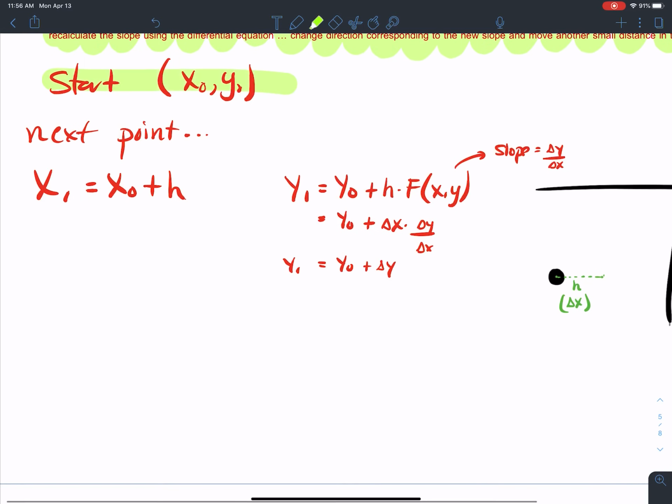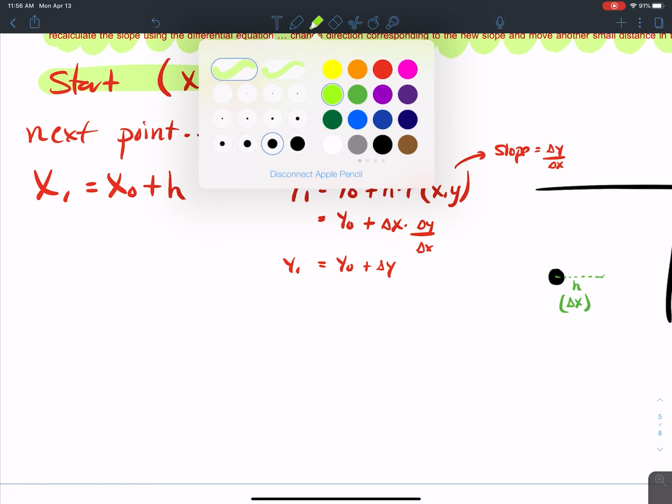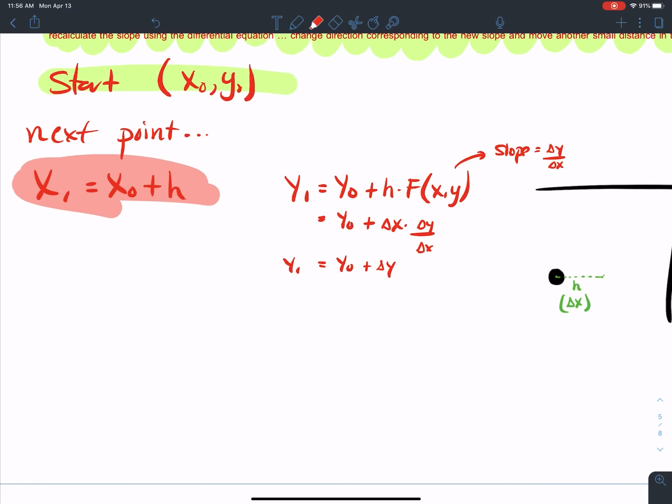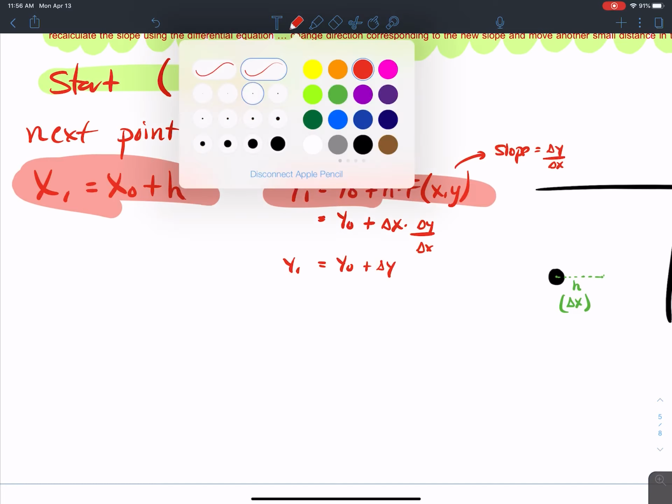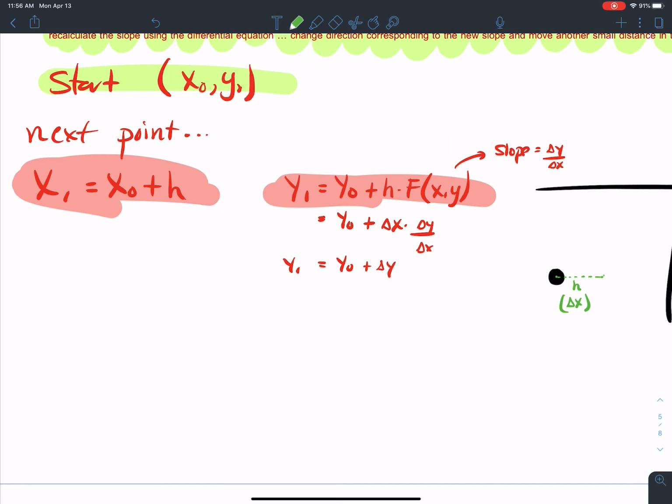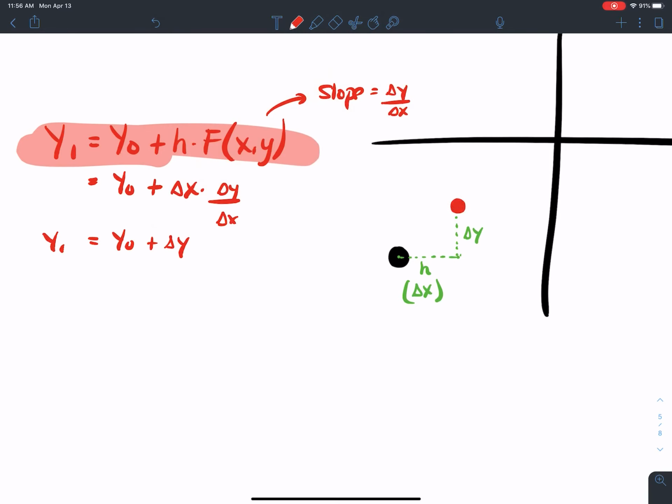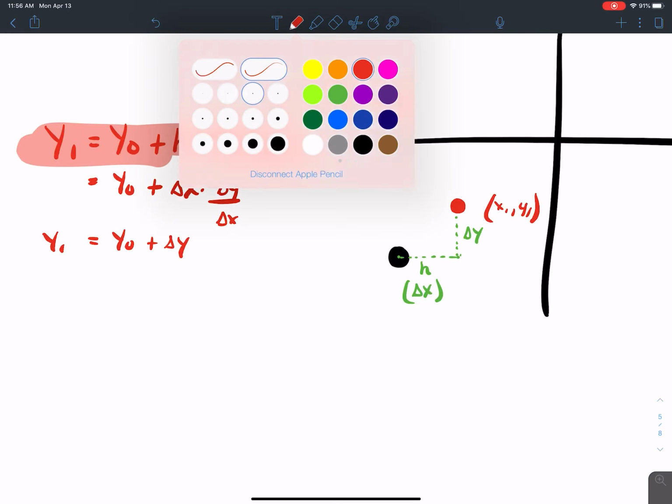I start at a point, we arbitrarily choose a small change, h, and as we'll see in the next example, sometimes that's defined for you. And then to get the new y value, we follow this. So according to that little formula, after I follow all that information, it's going to give me this new y value. So I have a new x value and a new y value, and that's the next point on my curve. And I would just continue to repeat that process.